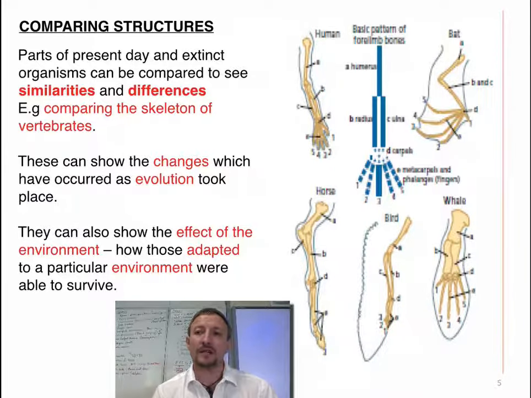Now, what I'd like you to do is have a good look at the bat on the right-hand side and the whale. You notice that the whale has got a big bone at the top, it's got two bones, and then look at the number of fingers that it's got. It's got 5 fingers. So as a result, that looks like a human hand, but it has evolved due to changes within the environment.